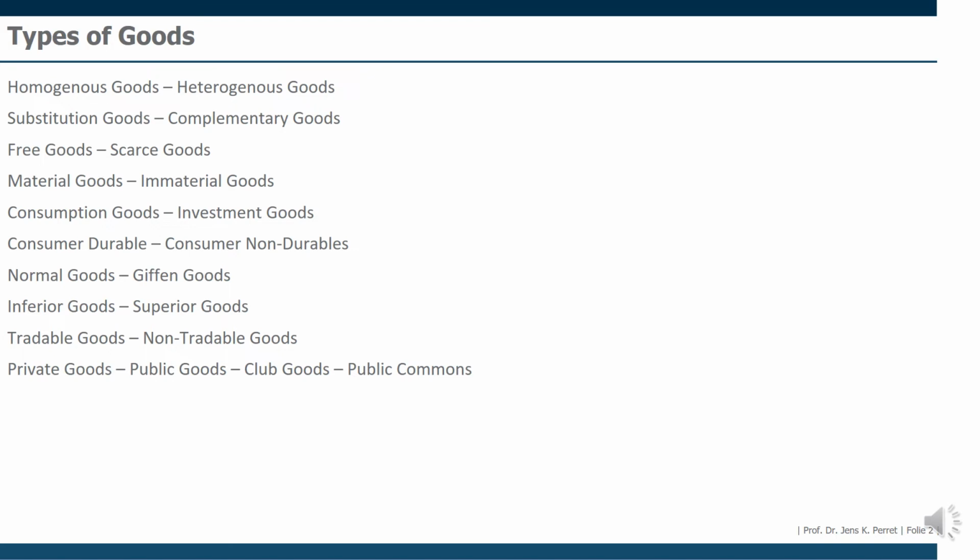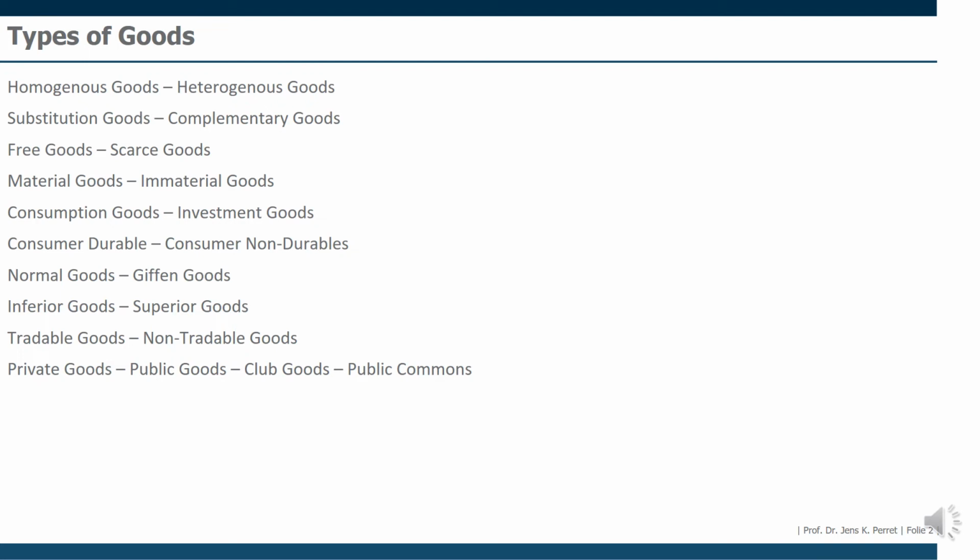And the second criterion is excludability. Can I, one way or another, exclude someone from the consumption of this good? If both of those things hold true, I have typical private goods. I have rivalry, I have excludability. And private goods are the majority of goods considered in economics.